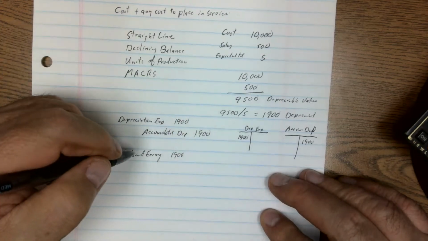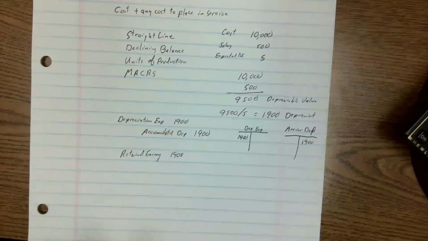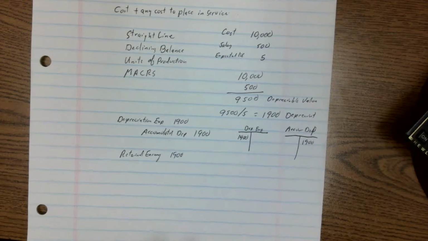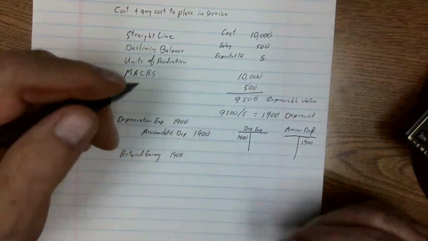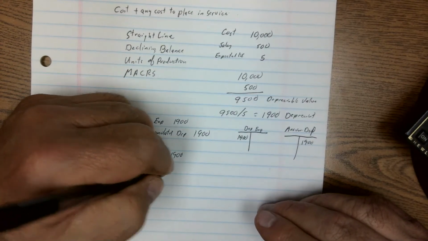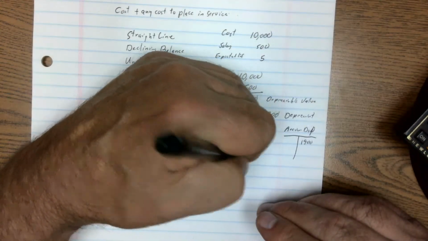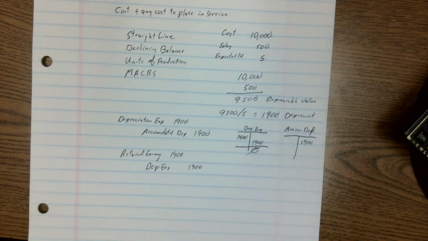Now, retained earnings is normally a credit, but by debiting retained earnings, I'm lowering it, right? So an expense lowers retained earnings. I have depreciation expense, 1,900. And so now that gets reset to zero.